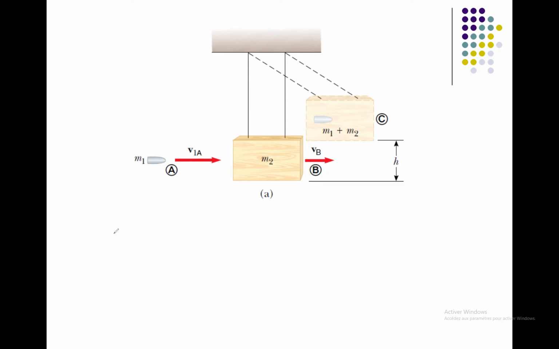Here I have to find a relation. Let's say we have m1 v1 before the collision, initially.